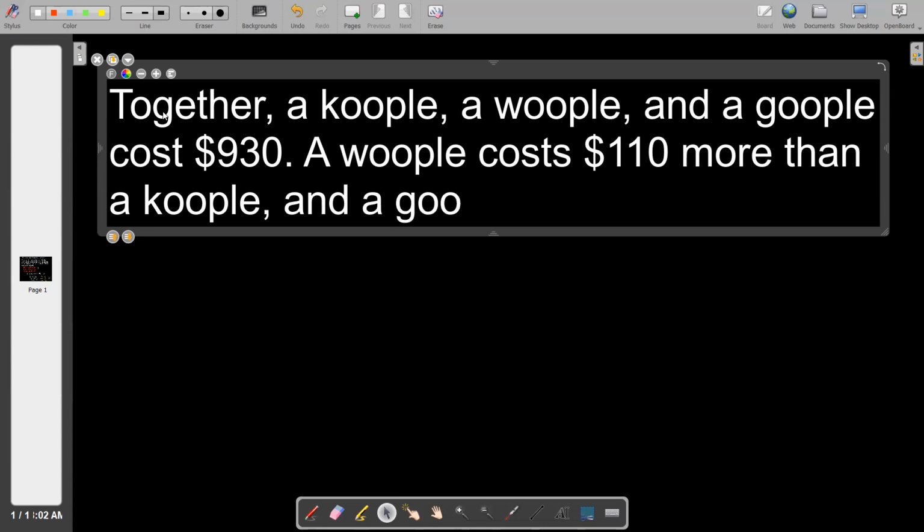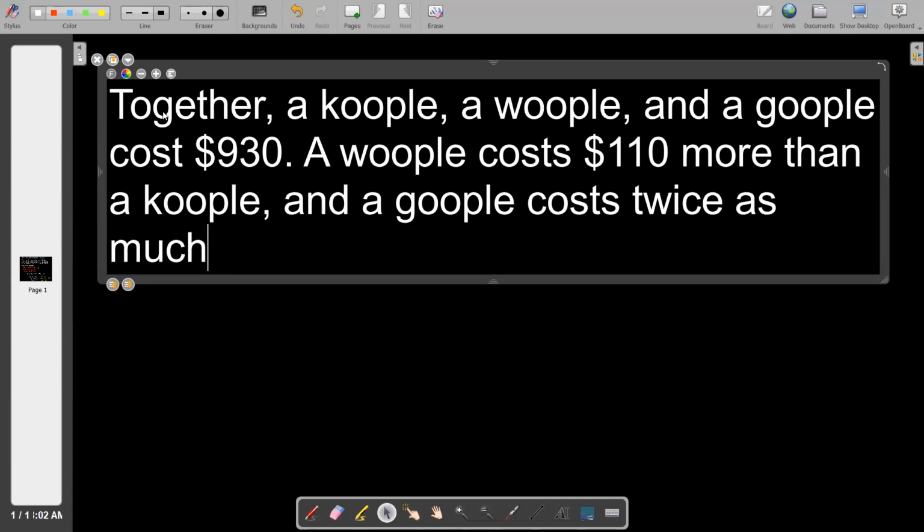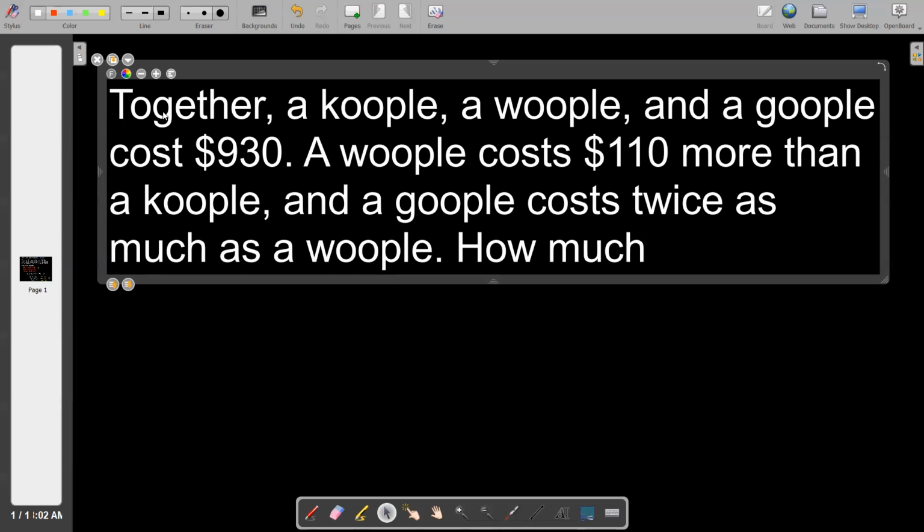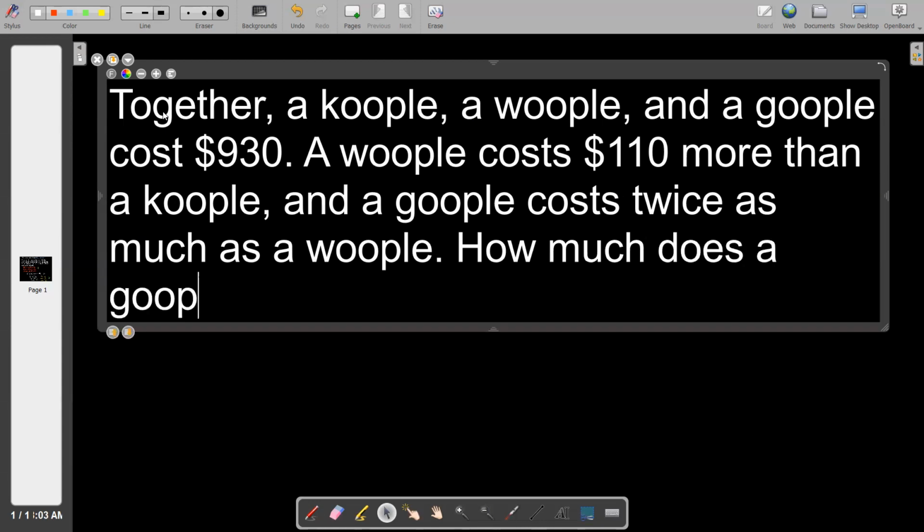And a Goople costs twice as much as a Whoople. How much does a Goople cost?